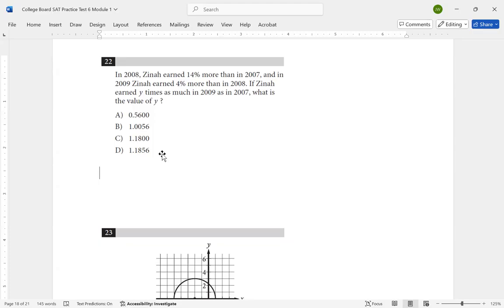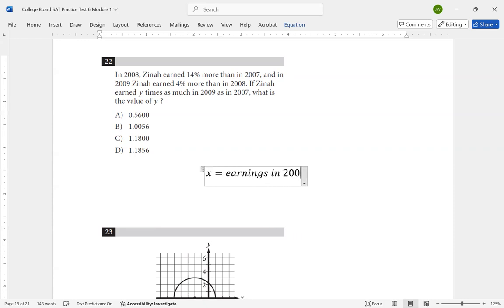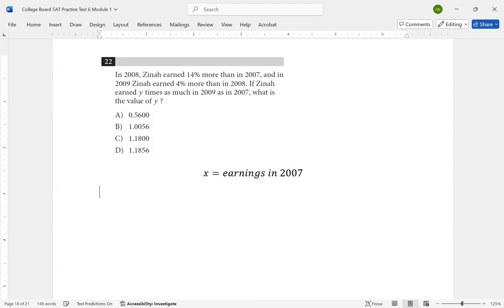Now, I'm going to set X equal to her earnings in 2007. Then her 2008 earnings, I'll call that Y, is going to be 14% more.